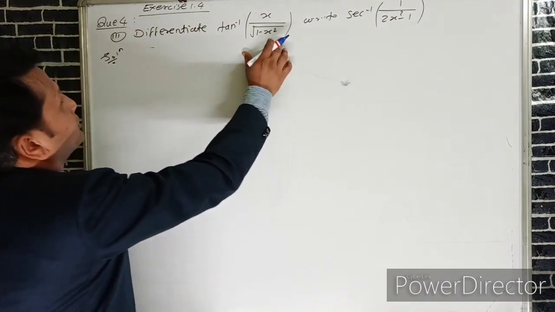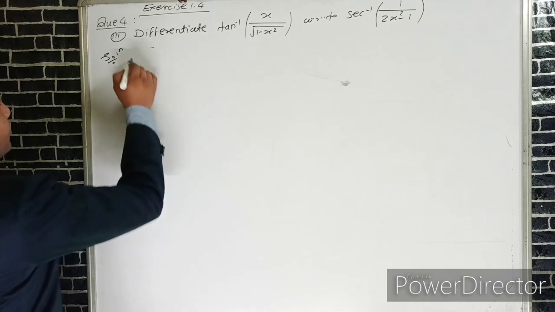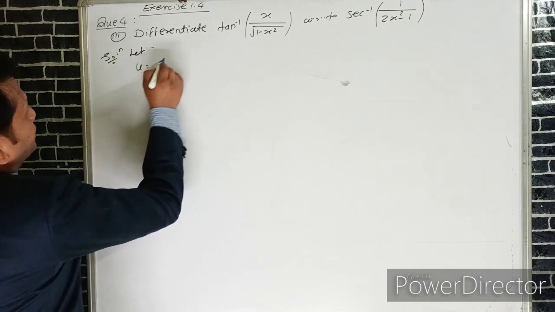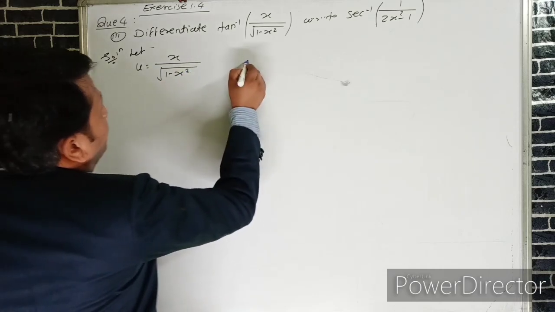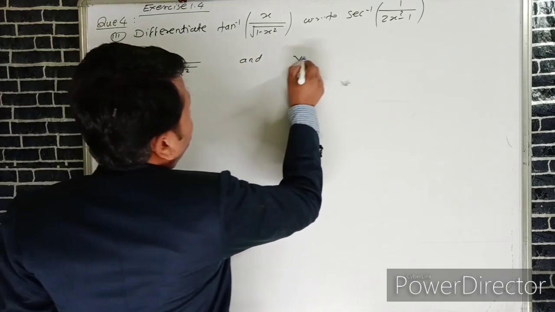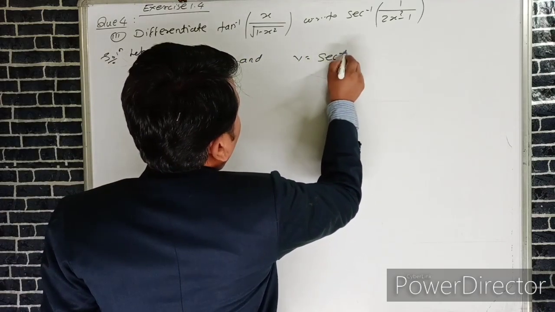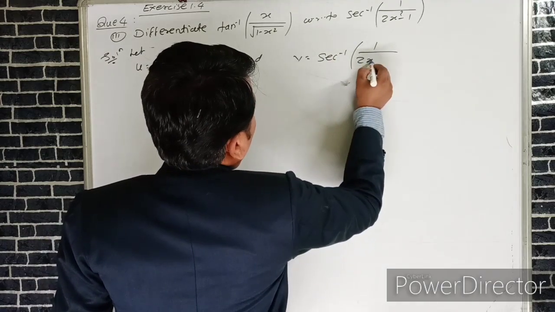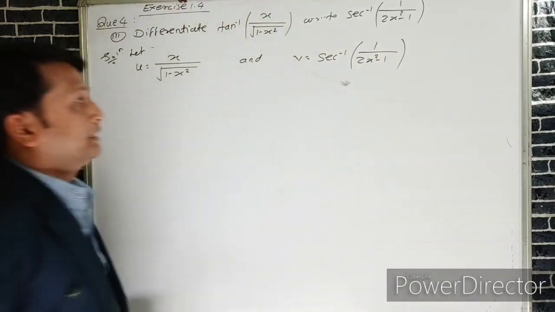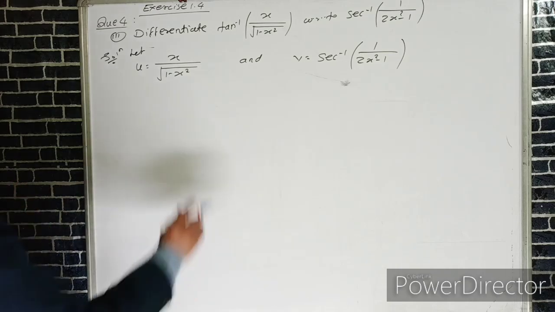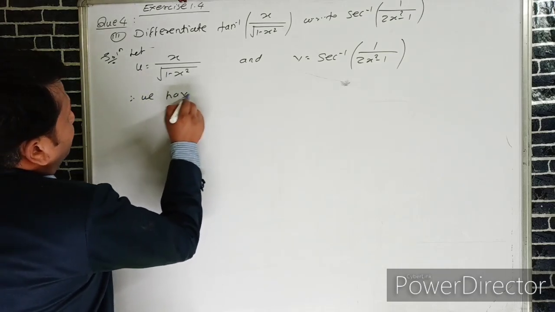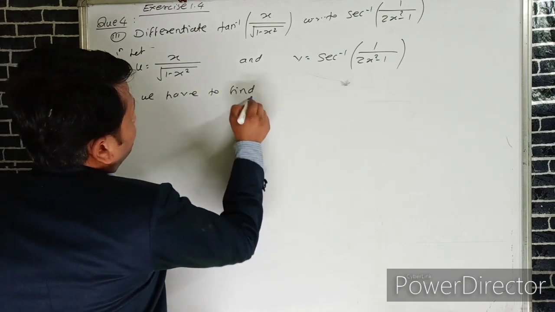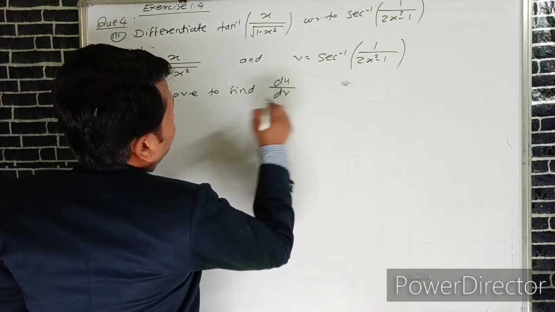The function is tan inverse of x upon under root of 1 minus x square. First we consider that u is equal to tan inverse of x upon under root of 1 minus x square and v is equal to sec inverse of 1 upon 2x square minus 1. Therefore here we have to find du upon dv.